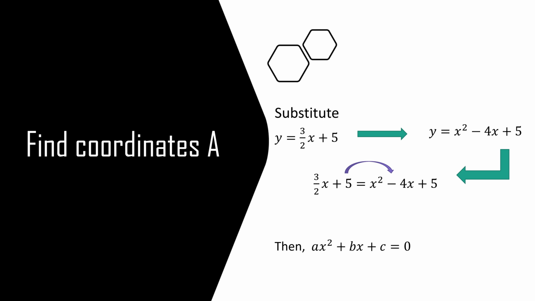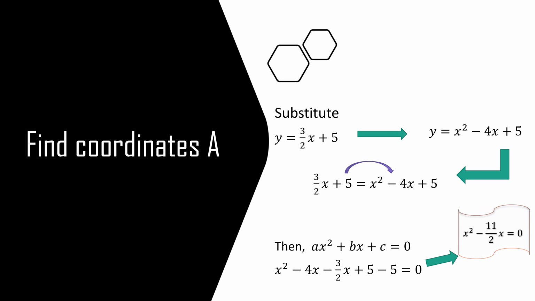By doing this, we will get the equation x squared minus 4x minus 3 over 2x plus 5 minus 5 equals 0. So, we solve the equation, and as a final result, we will get x squared minus 11 over 2x equals 0. By using this, we have to continue with our steps 2 and 3.